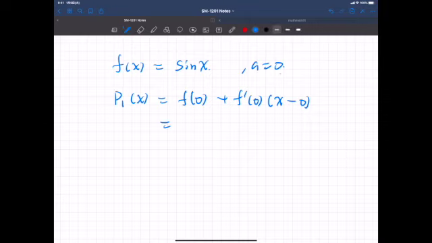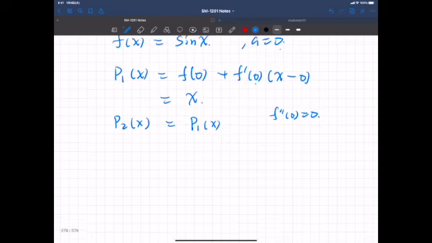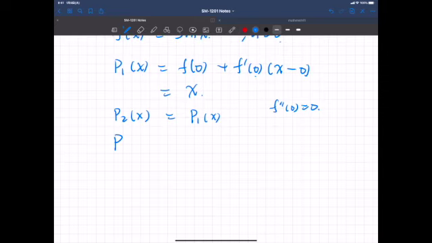Sine 0 is 0, and the derivative of sine is cosine, which evaluated at 0 is 1, so that is just x. For p2, the second derivative at 0 is just 0, so that is the same as p1. So this is not meaningful.